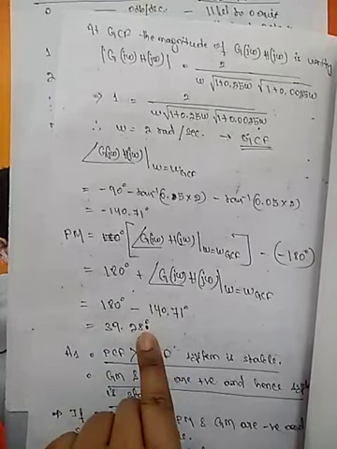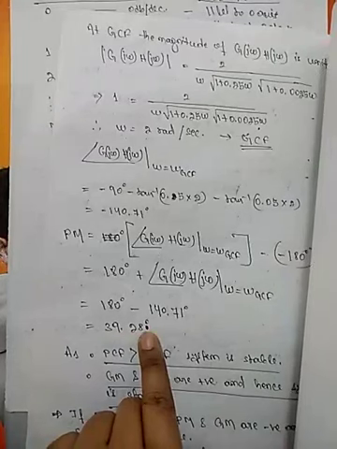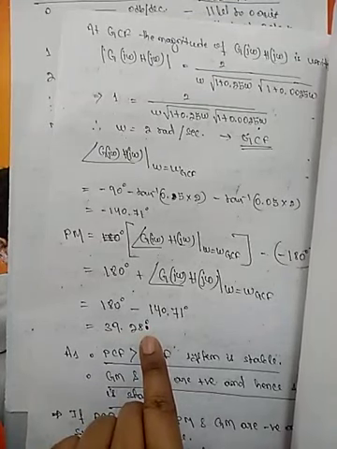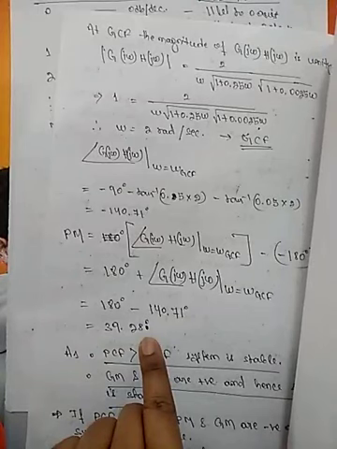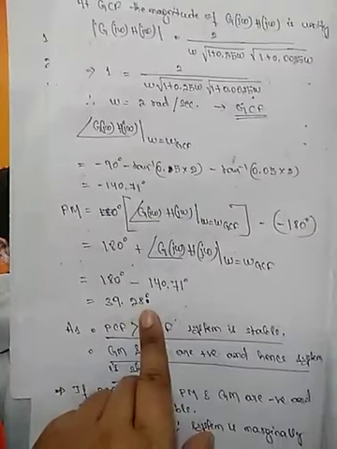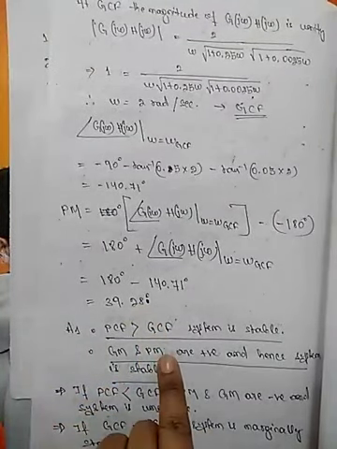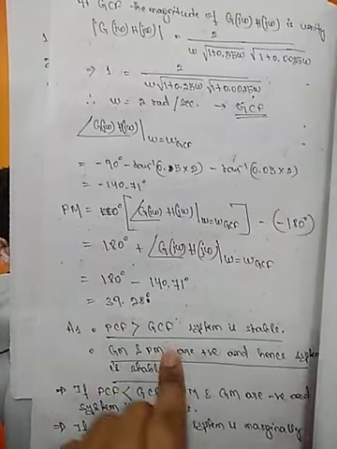In this way you find the phase margin, gain margin, phase crossover frequency and gain crossover frequency for any type of open loop transfer function. Now after calculating these values, we comment on the system stability.